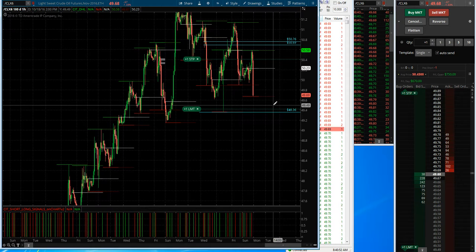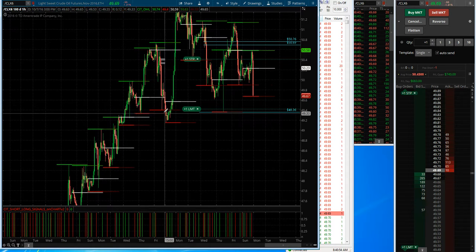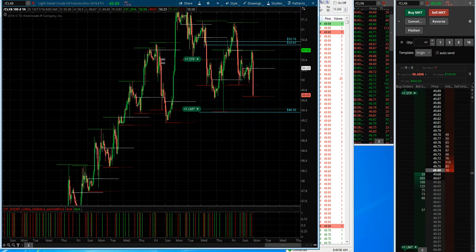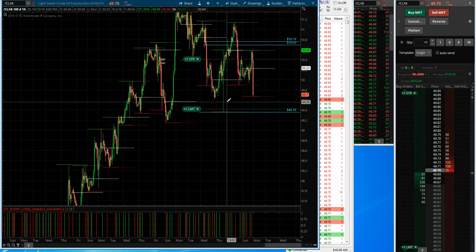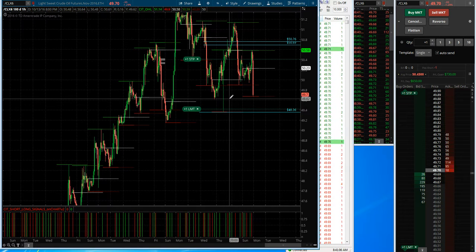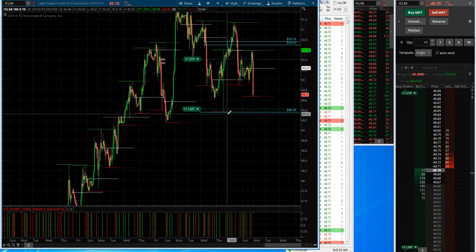Because like this one today, we'll see how this one would pan out. It's at 49.57. So around here, this thing might hit this area right here for a test. I think it's going to start testing all these lows.